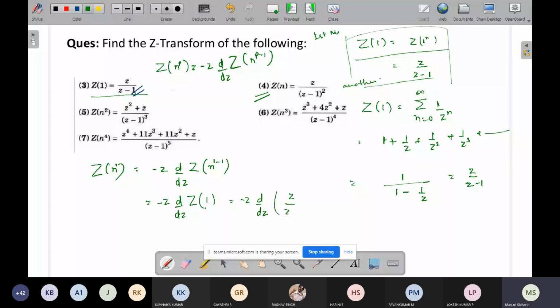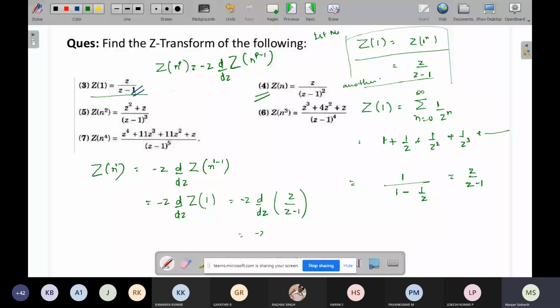Now the derivative of this: minus z outside, (z minus 1) whole square in the denominator, denominator the same, numerator differentiation of 1 minus z, and its differentiation again 1. So it is multiplied by minus z outside, z minus 1 minus z.